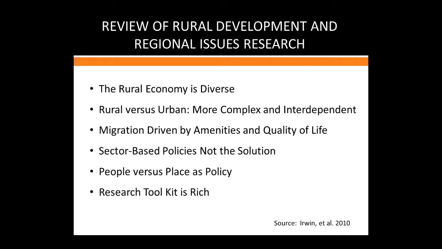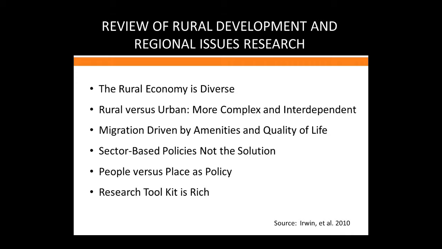They spend a lot of time talking about the idea that sector-based policies are not the solution for many of our rural development problems. So, for example, policies that focus on just the manufacturing sector or policies that focus just on the agricultural sector will not solve all the problems and issues we have in rural America. Finally, great discussion on people versus place.